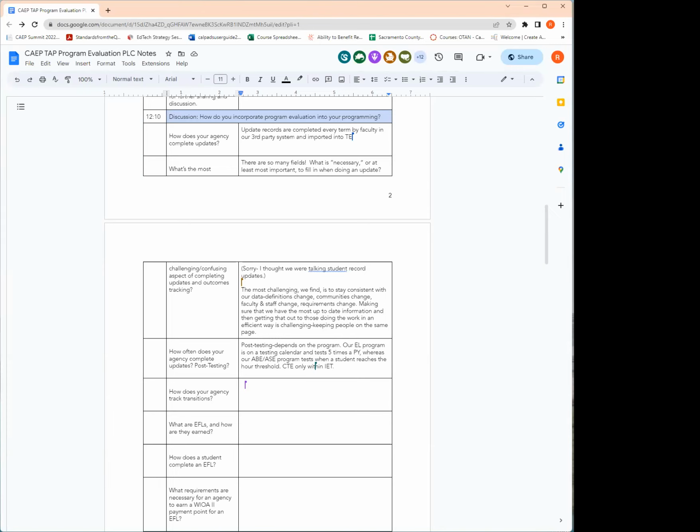My response was talking about the updates as well, because when we are talking about either the WIOA data dictionary or the CAPE data dictionary, one of the portions in there speaks directly to the update records, and there are a lot of fields, and those definitions do shift a little bit, and understanding is clarified.